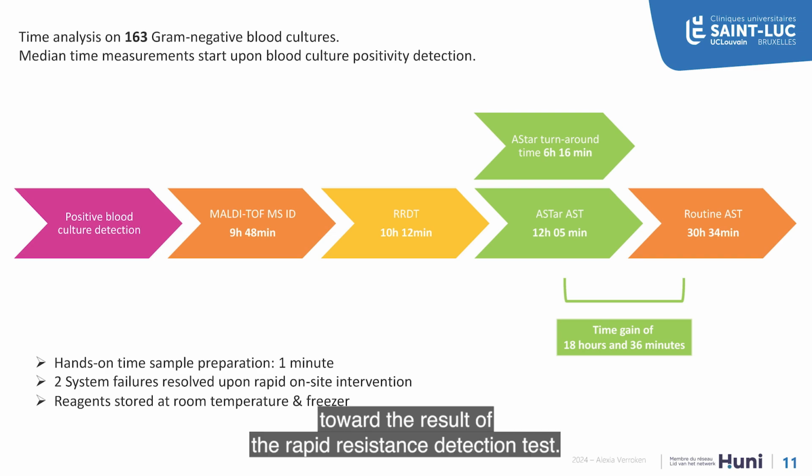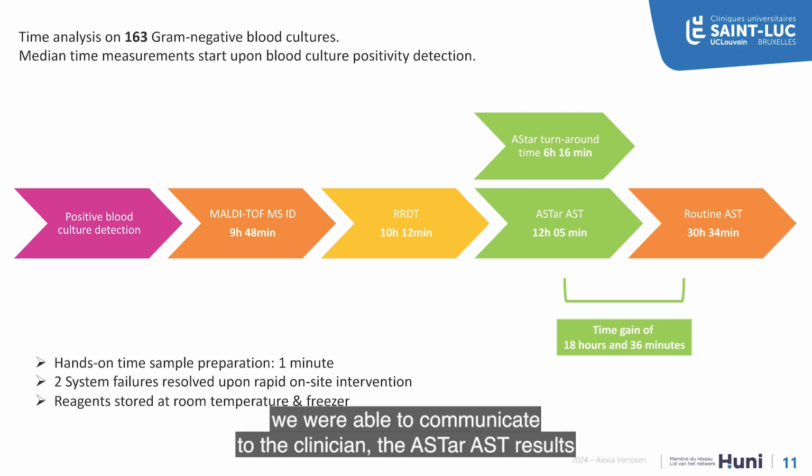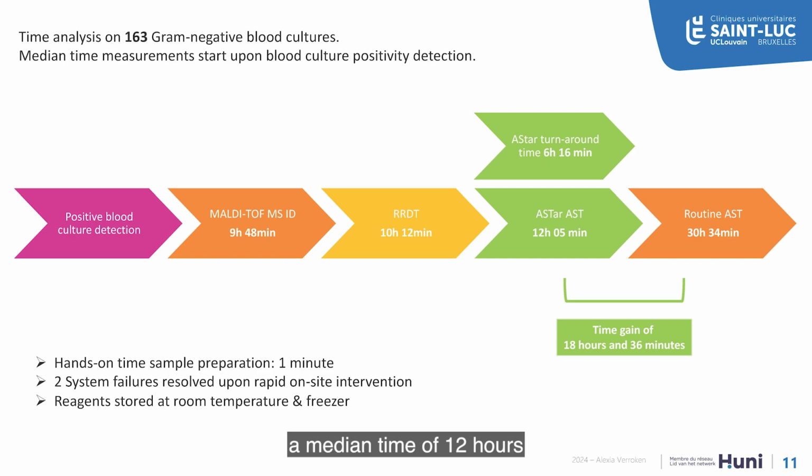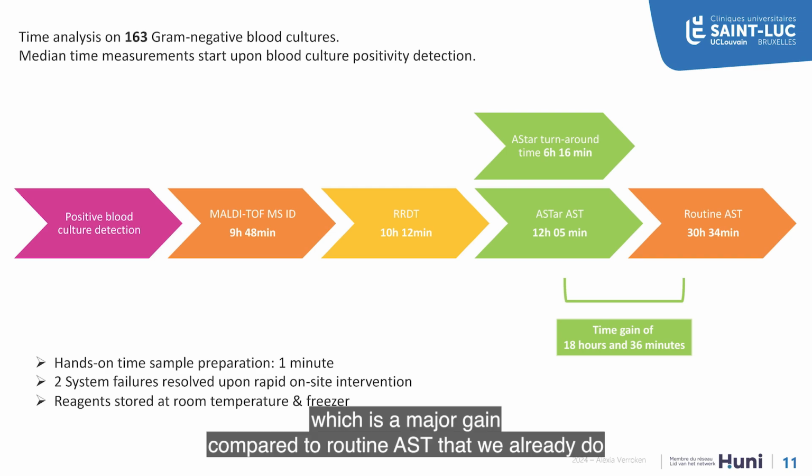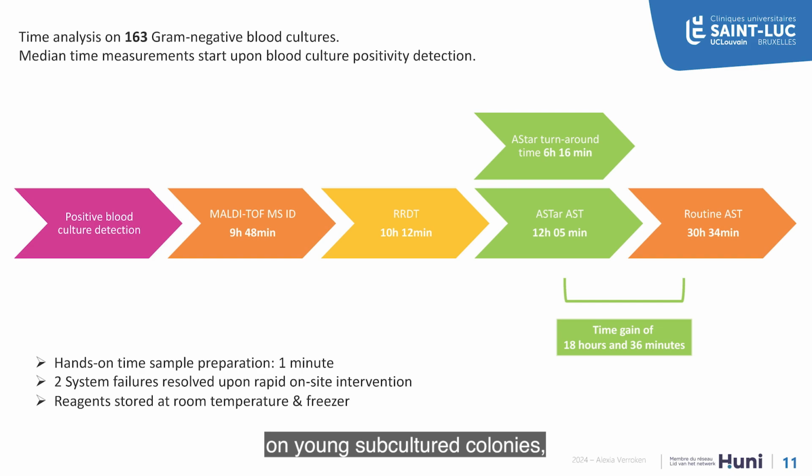And then when we included in this workflow the ASTar AST, we were able to communicate to the clinician the ASTar AST results a median time of 12 hours after the detection of the positive blood culture, which is a major gain compared to routine AST that we already do on young subcultured colonies.